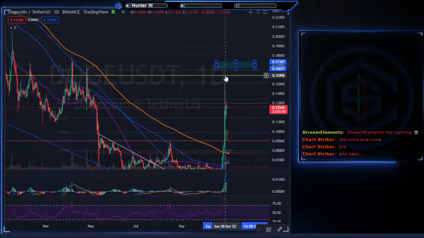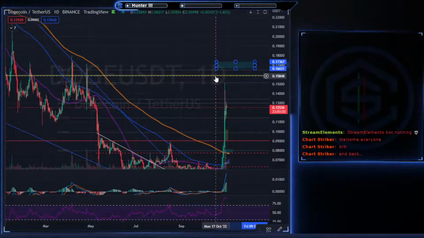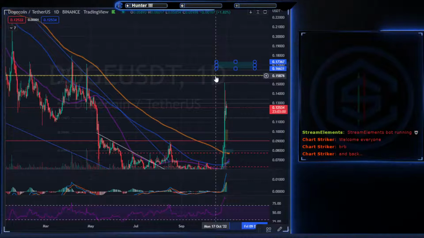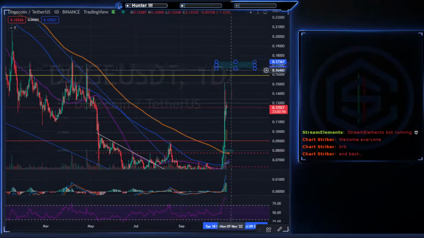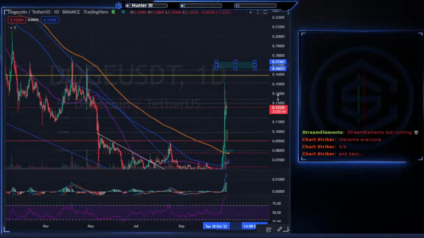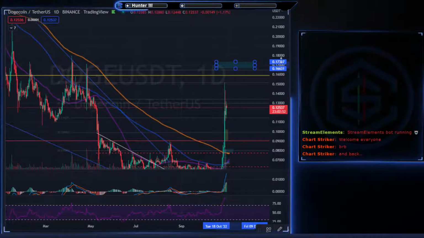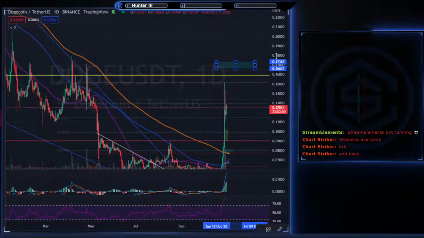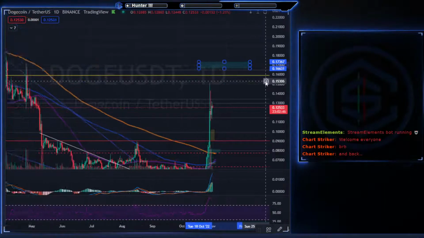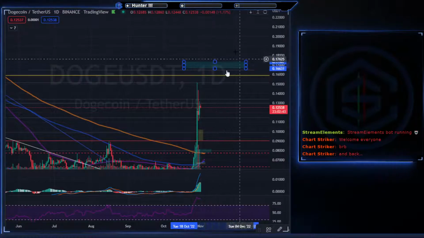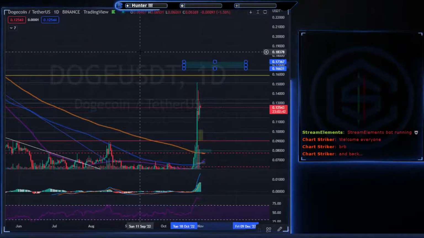Around these levels, okay? Yeah, we might see some type of resistance at this one, but the major one would be around these levels. You can see the highlighted price on your right. That's the price I'm referring to as the major resistance.